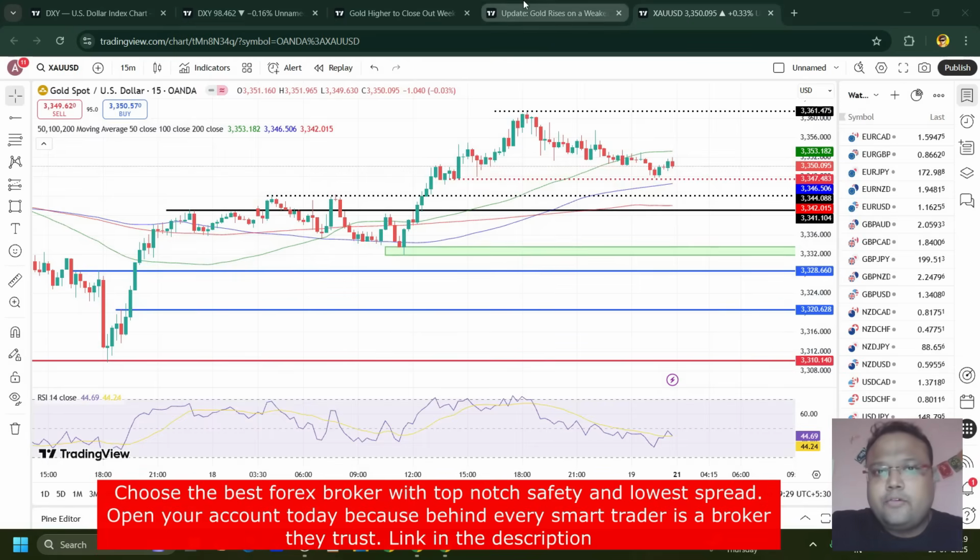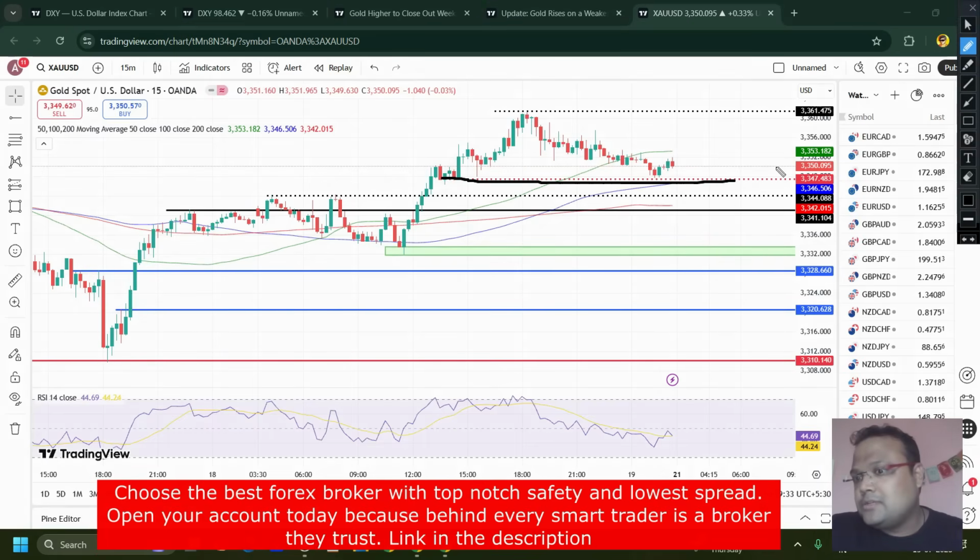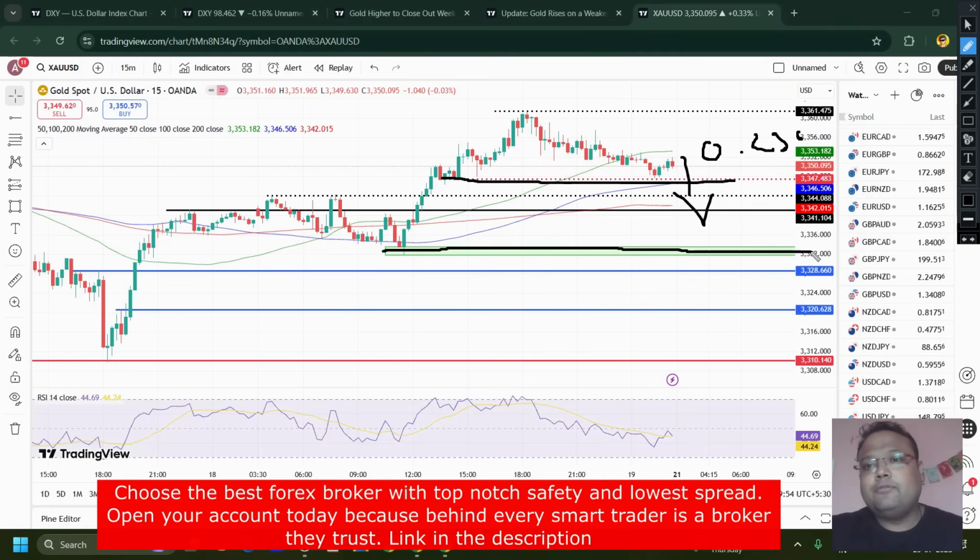And if you're wondering what this red line is, this red line is not important because this was the level from where the market bounced. This was Fibo 0.236. So after the market opening, if you see that gold is going down, if it is low volatile, 3341-3344 is the support. Otherwise, 3332 is the support in case of high volatility.